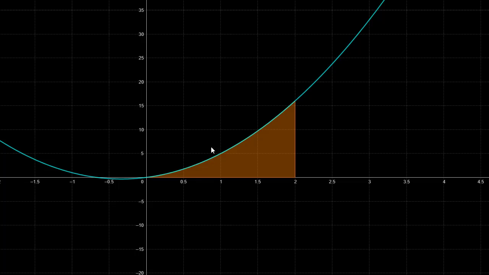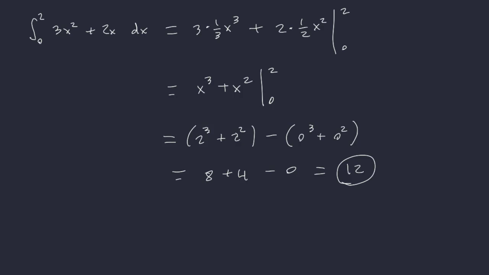So the area beneath this curve and the x-axis is 12. Now, if you ever wondered how people found areas of strange functions, if you ever were curious about how that worked, a lot of times it's using integration.